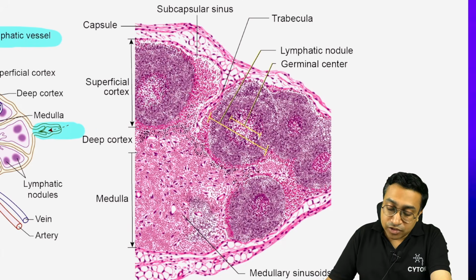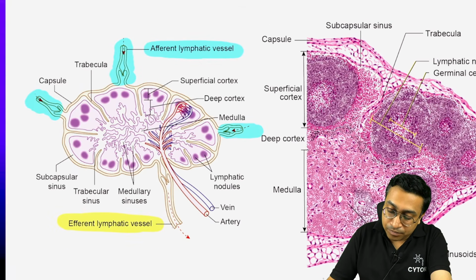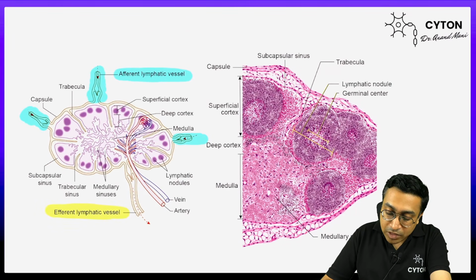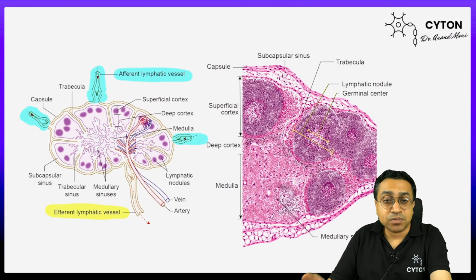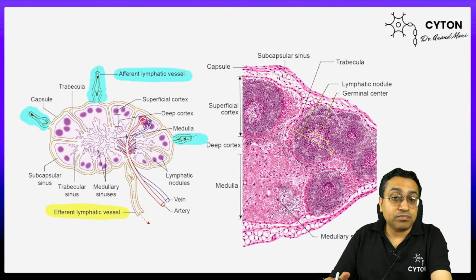Then we have the structure of the medulla, the central region. The medulla is the inner part of the lymph node, so it contains many medullary cords and medullary sinuses. And what are medullary cords? They are anastomosing cords of lymphocytes, macrophages and plasma cells. The medullary cords mainly consist of B cells in addition to the plasma cells and macrophages.